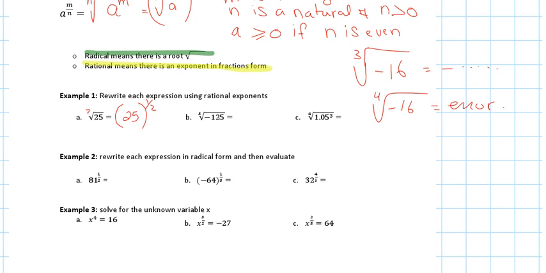Why is that? Here's the thing. If you have negative 4 squared, what are you going to get? 16. It's going to force it to become positive. So anytime you square something or do something to the power of 4, 6, or 8, your answer is going to become positive.